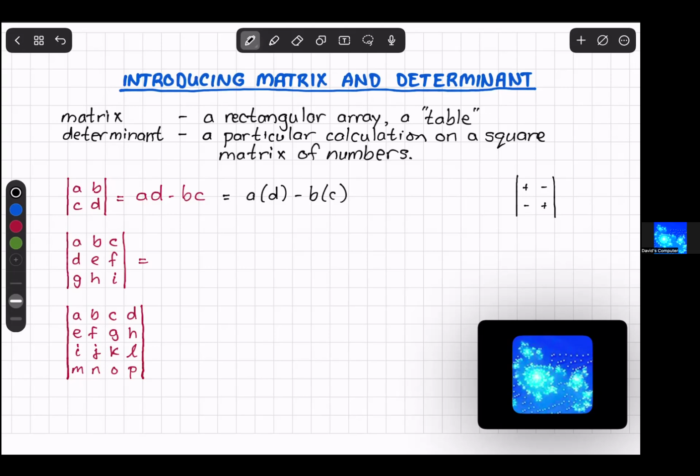Let's do a demo with a 3 by 3 matrix. So we begin with A, crossing out row and column, times the matrix EF HI, the remaining submatrix. Then we look at B. We cross out the row and column there.